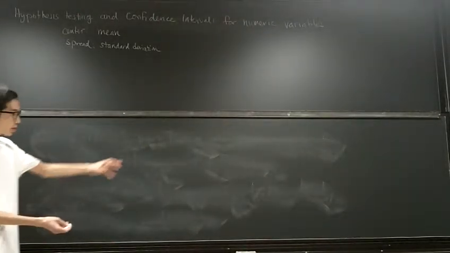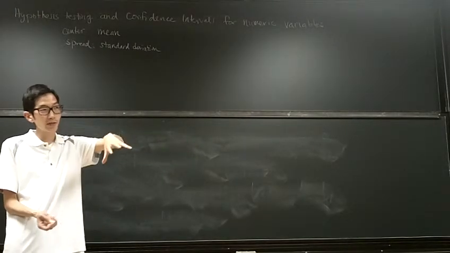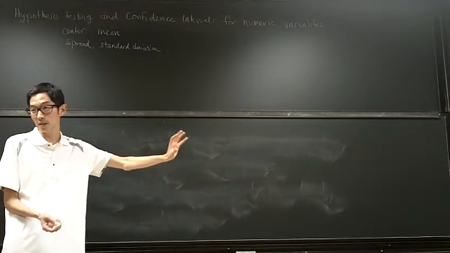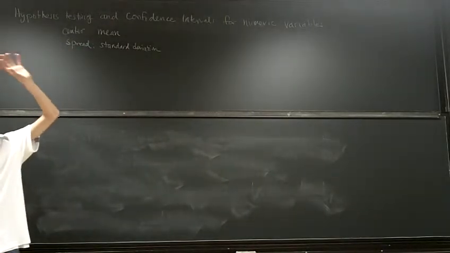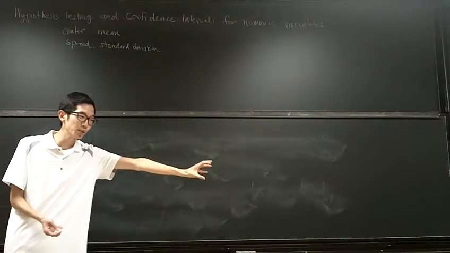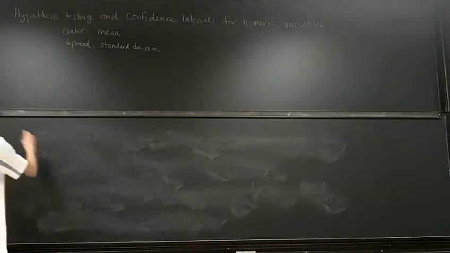And the idea was we gathered a sample, and our confidence interval is based on just the data that we saw in the sample, right? We have no idea what the population looks like, but based on what we see in a sample, we can say something about the population. This is the whole idea of inference, right?